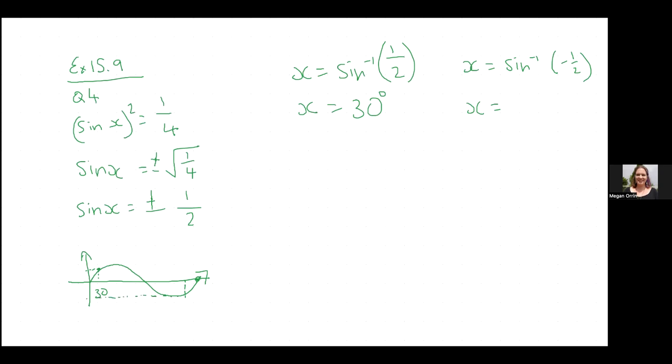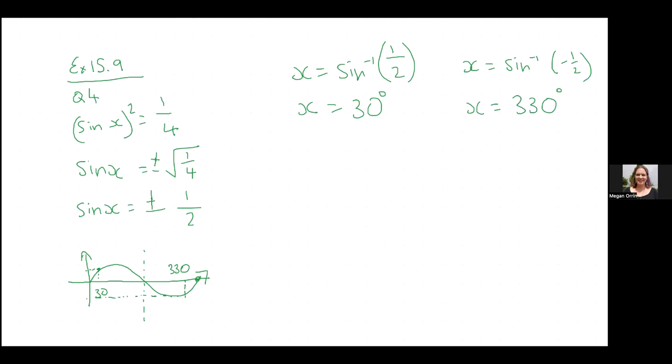So if I was 30 from the end, what's this angle here? 330, right? If this is 30 from the start and that's half, and I need the negative version, remember this kind of acts like a mirror line, right? This is like flipping over here. So that means that this is 330.